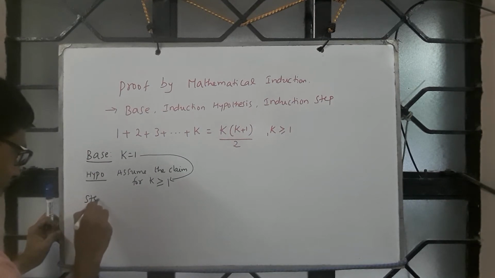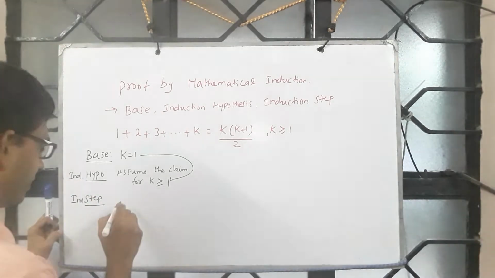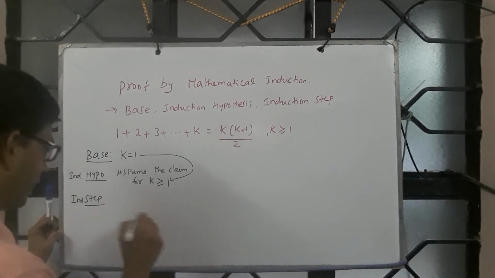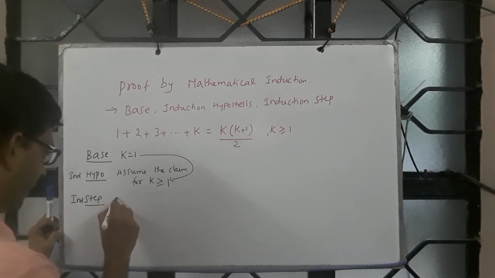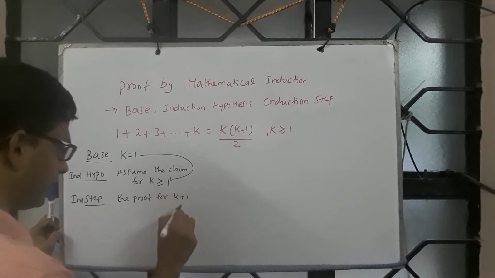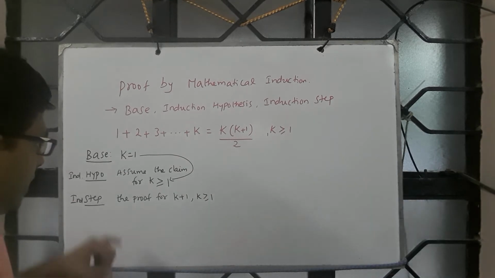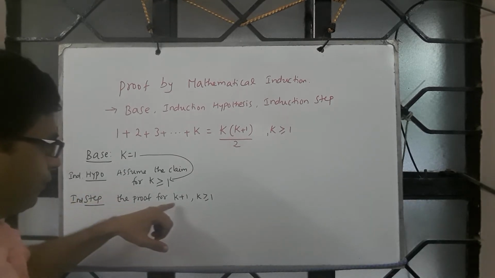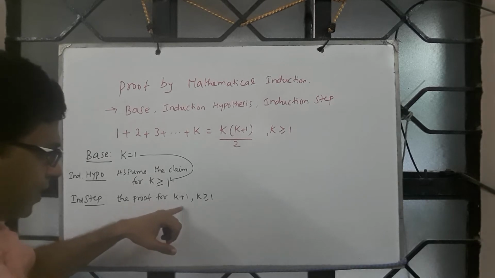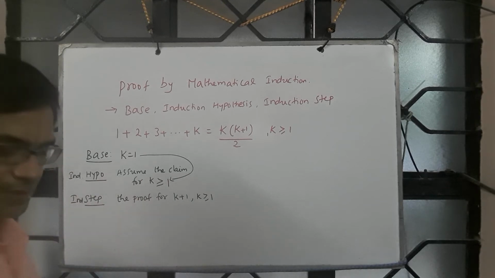Then we add the induction step, where we gave a formal proof for k plus 1, with k at least 1. Which means what? Is the claim true for 2? Is the claim true for 3? Is the claim true for 4? Such things we have established as part of this.